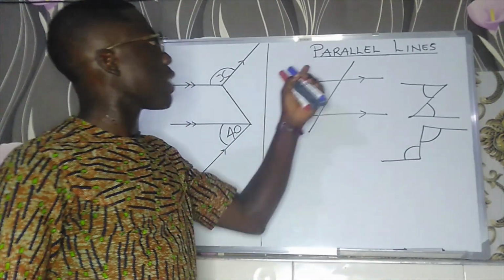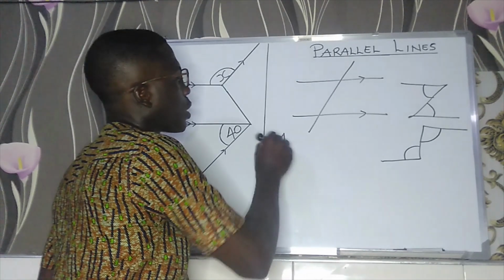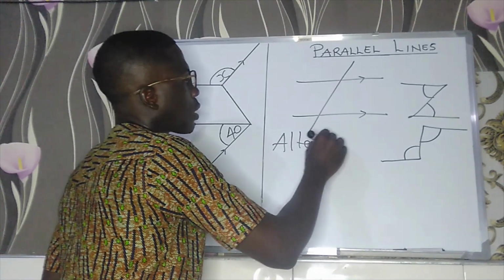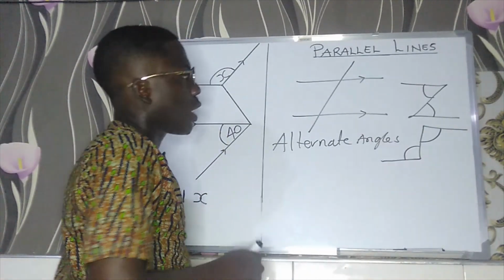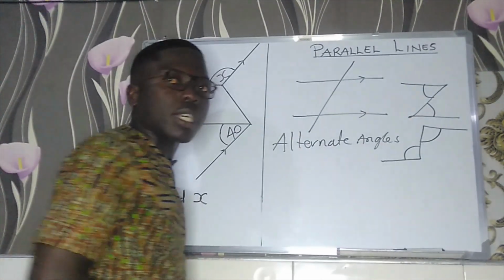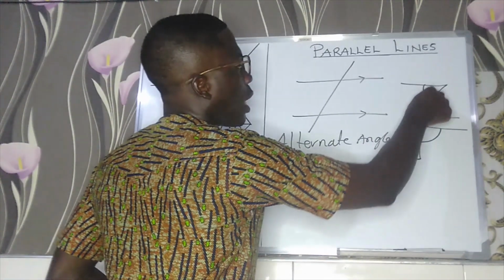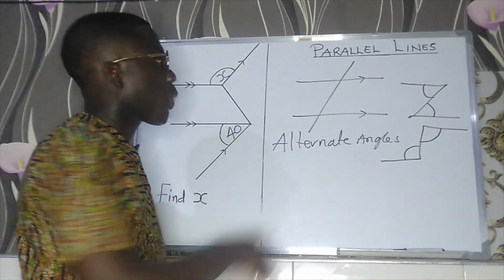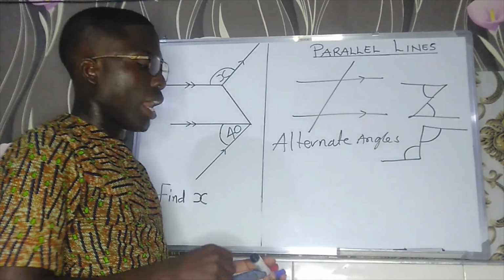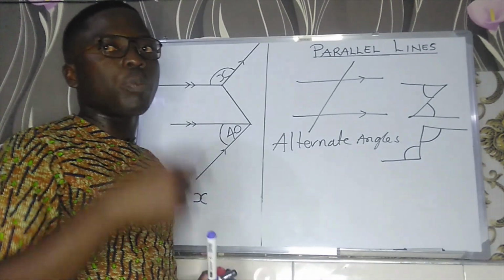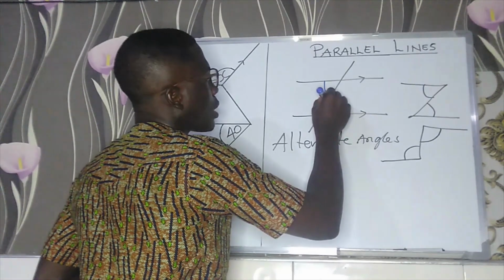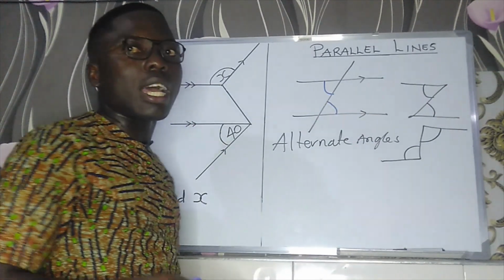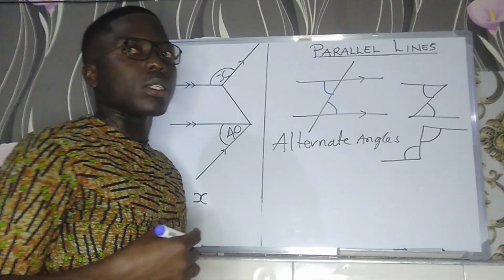So the alternate angles, they take the shape of Z. So this angle is alternating to this angle. So whenever a line crosses or passes through two parallel lines, then this particular angle is equal to this particular angle, and we say they are alternate angles.